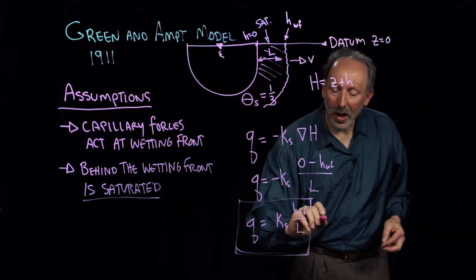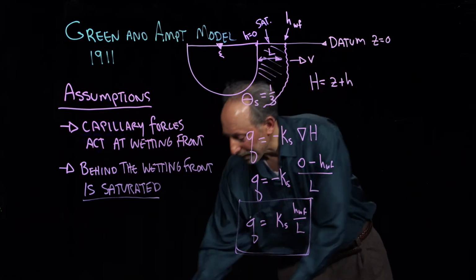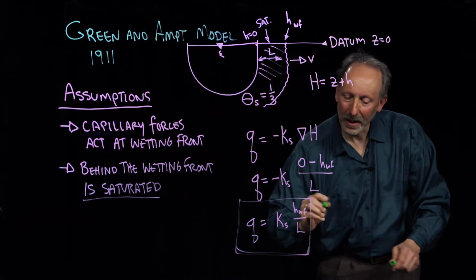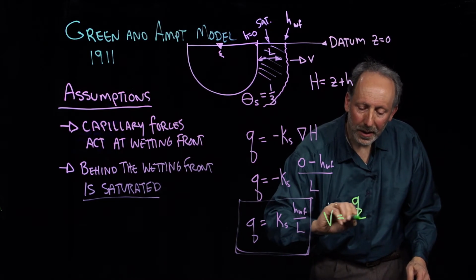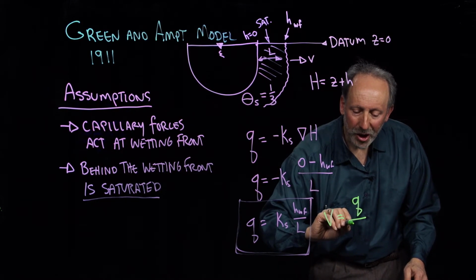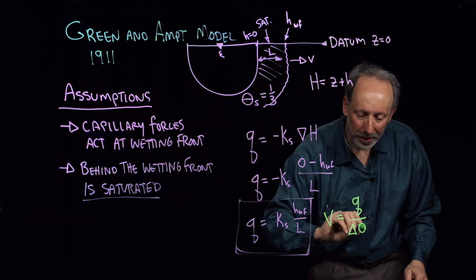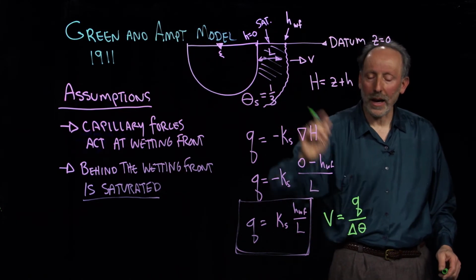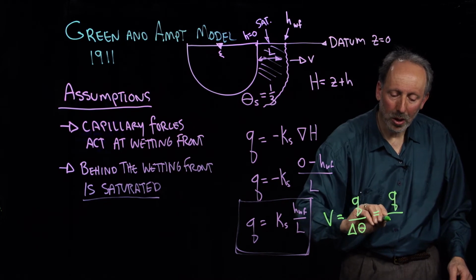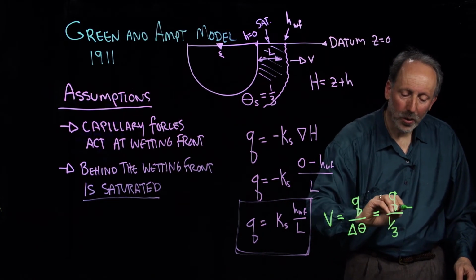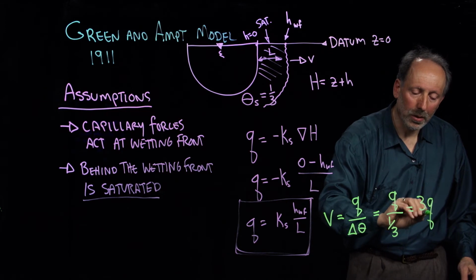Remember that the velocity of the wetting front is equal to the flux divided by the change in moisture content. And if we're going from dry to wet, that's equal to 1/3. So it's going to be Q over 1/3, which is equal to 3 times Q.